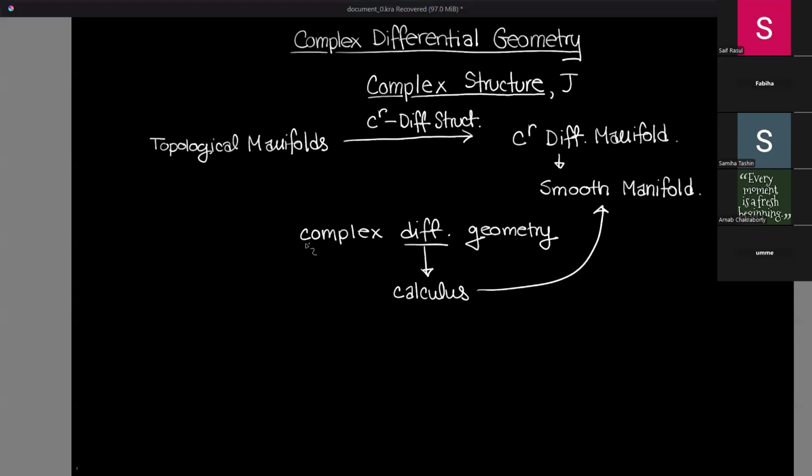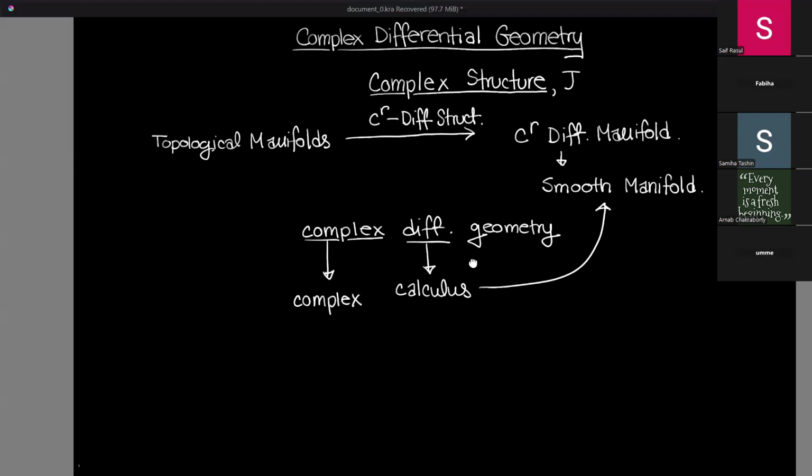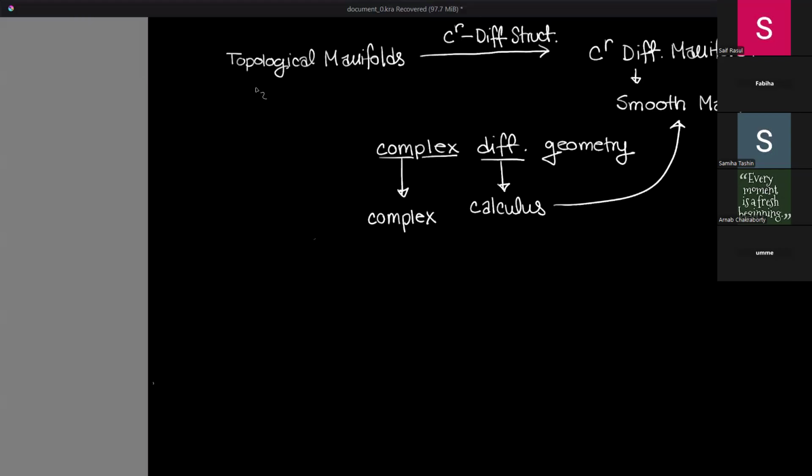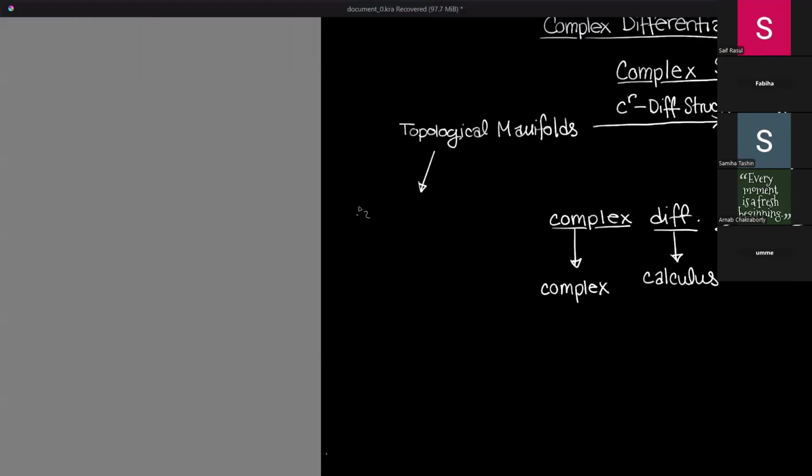The next thing that we're going to tackle is the complex structure. Just like we had a C^r differentiable structure, now we're going to talk about the complex structure. This complex structure is going to be inherited by our manifold, which, as we went over last time, is locally Euclidean.